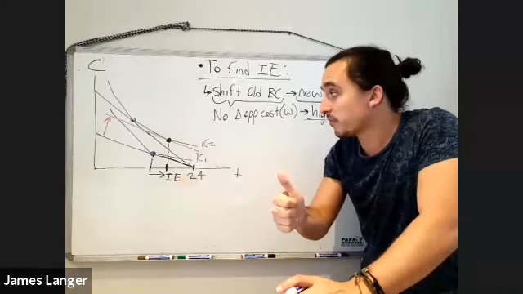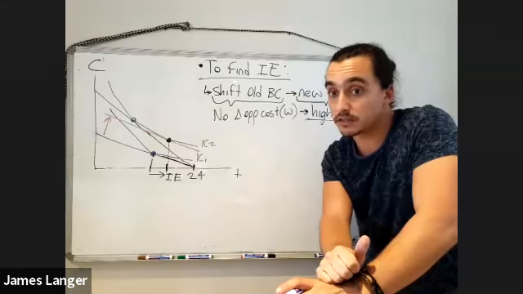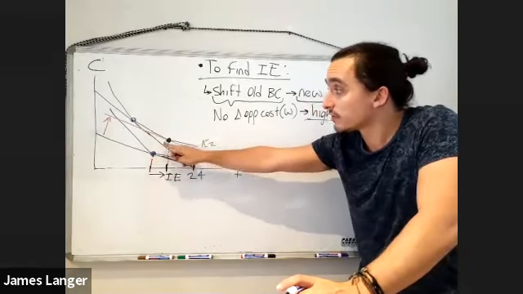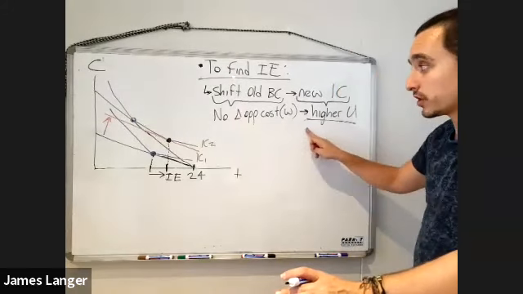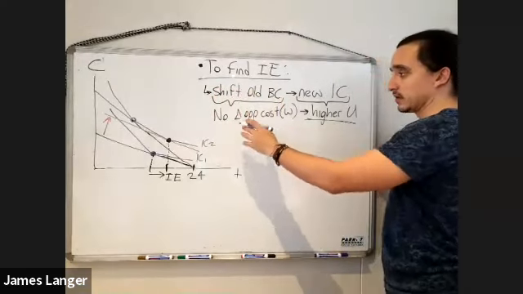Give me a thumbs up if we understand how that's the representation of the income effect. Because we were able to go from indifference curve 1 to indifference curve 2, but with no change in the opportunity cost. In other words, we shifted the old budget line, right?